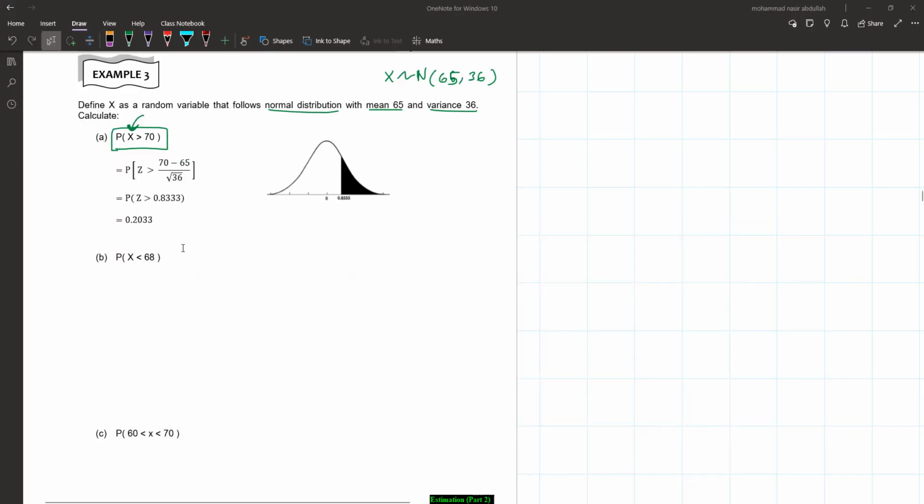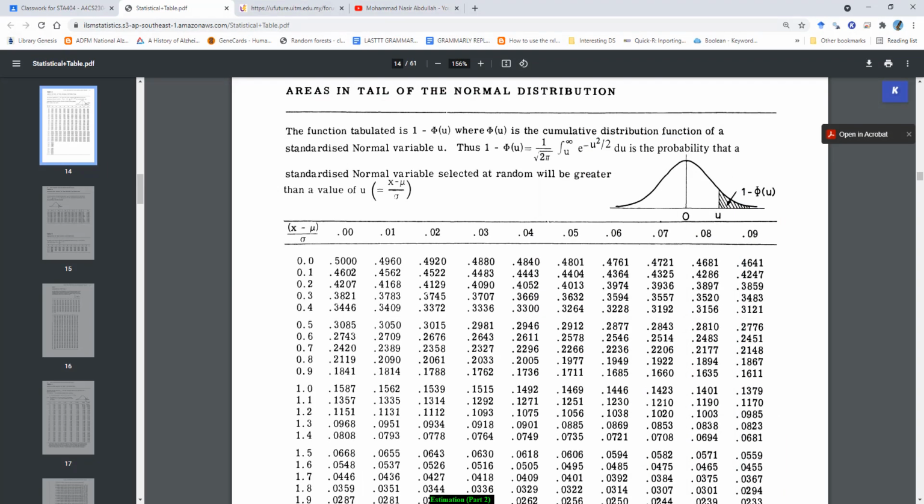Why do we need to convert to the Z distribution? Because our statistical table gives the result based on the standard normal distribution.